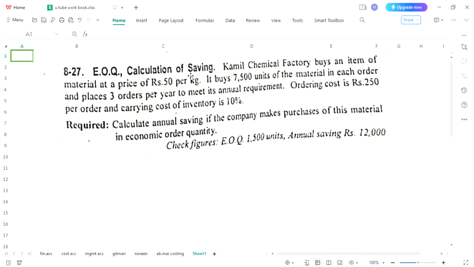We will also calculate, in comparison, how much amount we can save in the absence of economic order quantity or in the presence of economic order quantity.